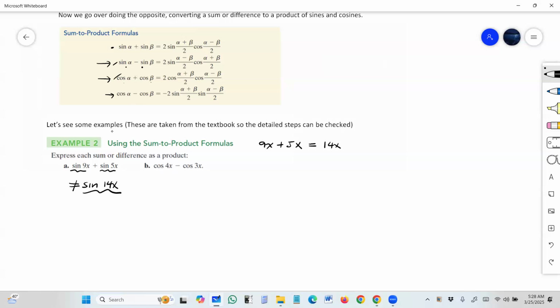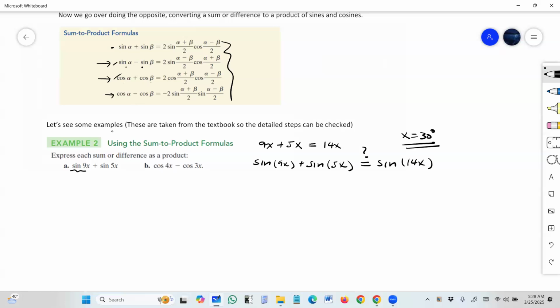If this were the case, we wouldn't need all of these formulas. So don't think it's the same. If you want, you can check it by letting x equal 30 degrees. It's not the same.